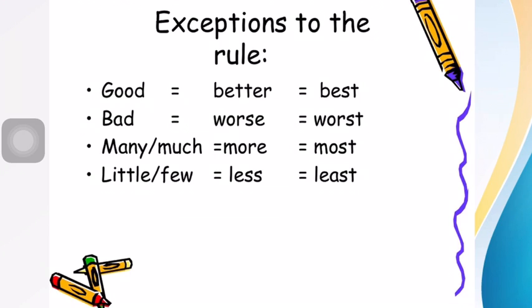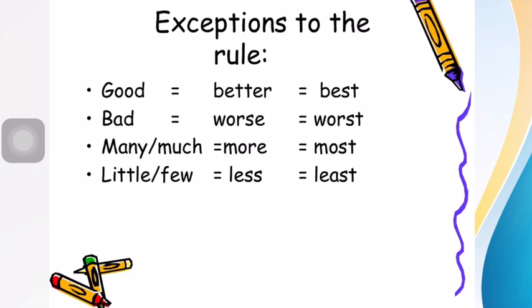Exception to the rule: good becomes better, in superlative becomes the best. Bad becomes worse, in superlative becomes the worst. Many or much become more, in superlative becomes the most.